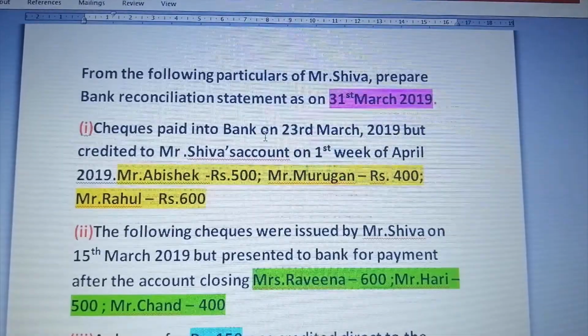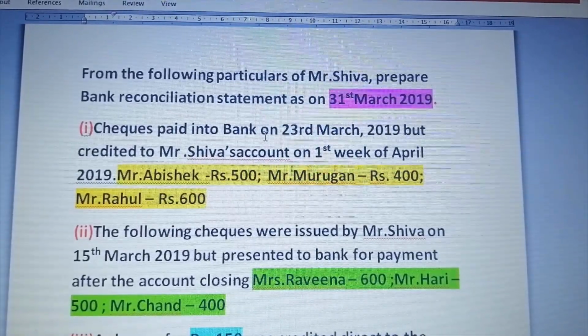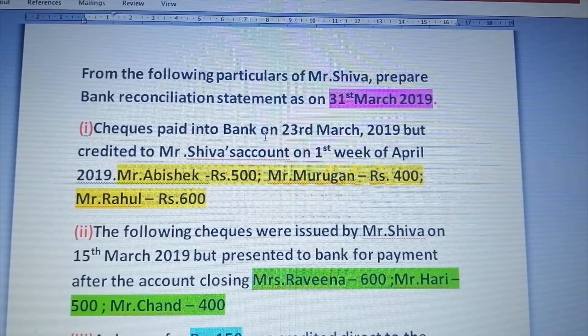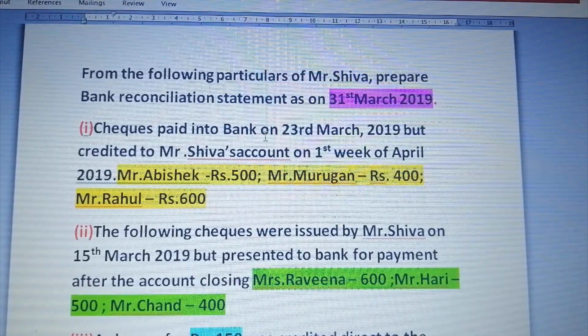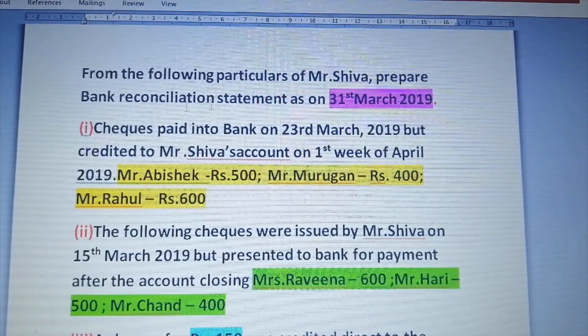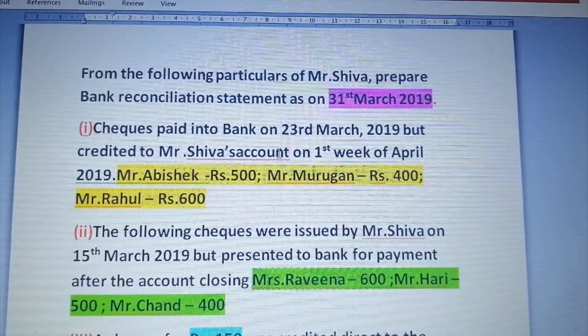Now we have to see what is the impact of this transaction on the balance of passbook, because we are going to find out the bank balance as per passbook only. So we have to focus only on the balance of passbook, whether the transaction leads to increase the balance or decrease the balance. As I told you, because of this transaction, cash book balance has been increased.